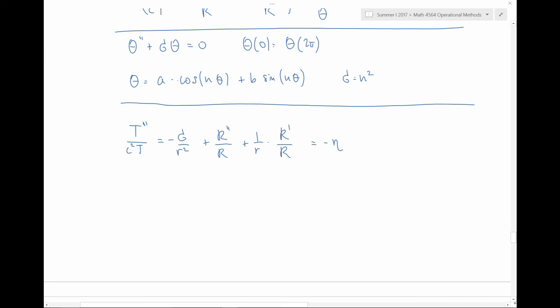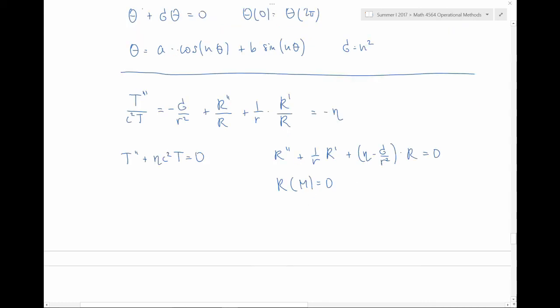This leads to two equations, one equation for T and one equation for R. And for R we have a boundary condition that R of capital M should be 0.